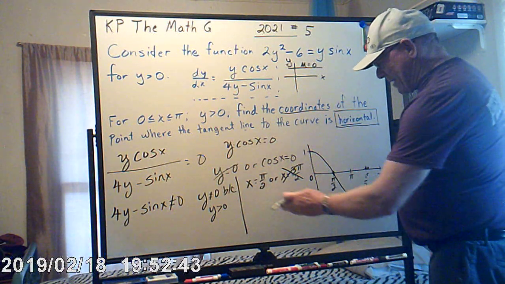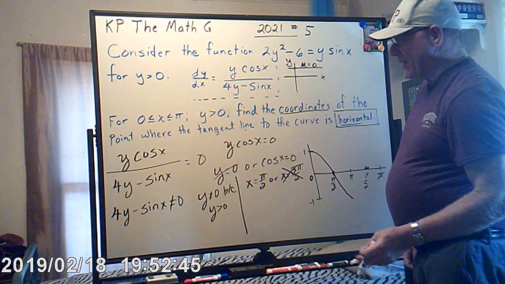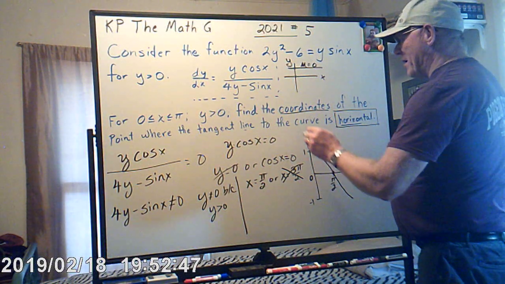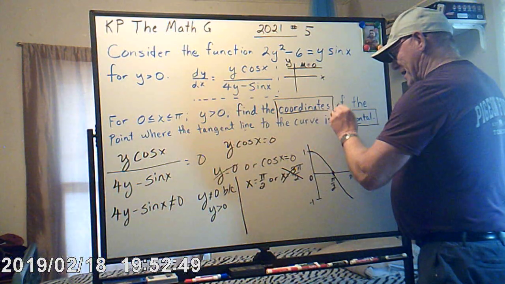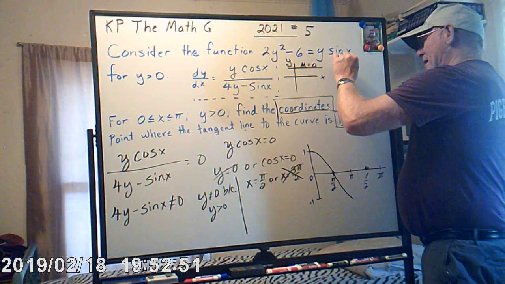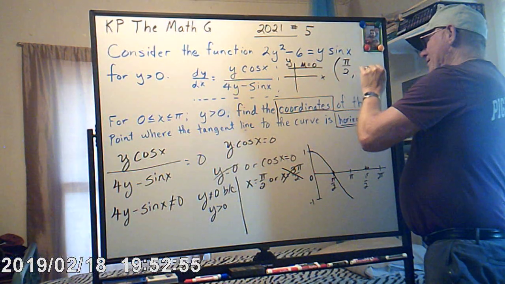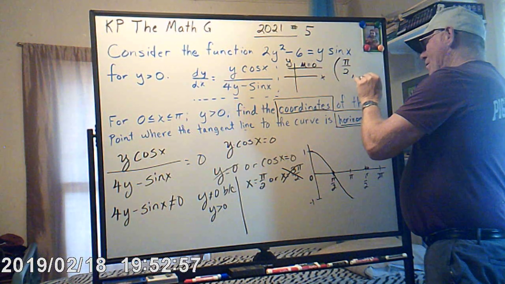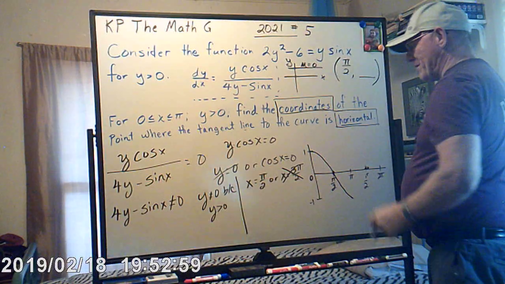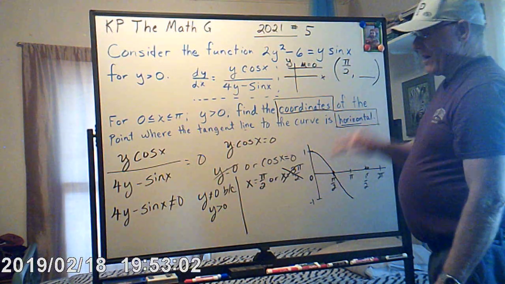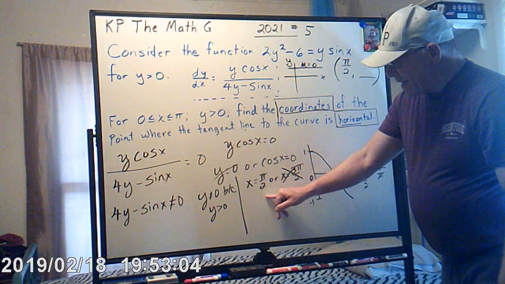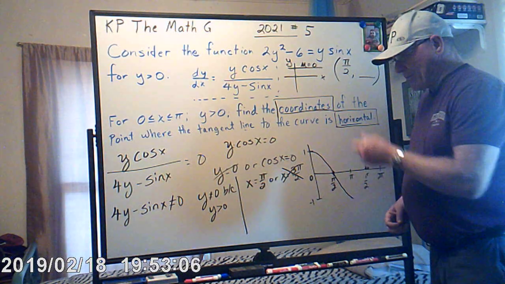Alright, so x equals pi over 2. So we have the x value. That's what we're looking for. We're looking for coordinates. So the x value is pi over 2. Now what's left to do is find the y value, and then we've got it. Now remember, when you do find the x value, where are you to plug this in?